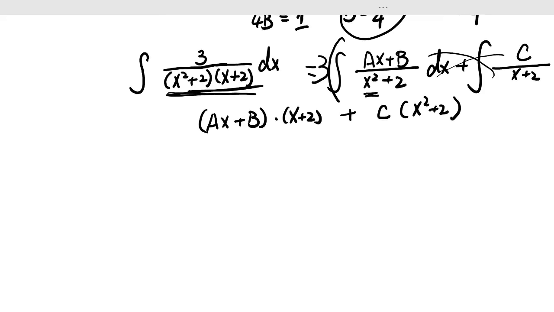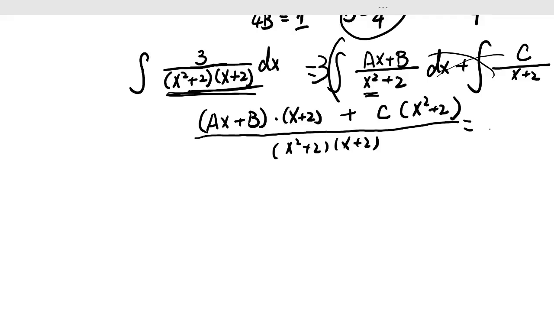So that's everything divided by x squared plus 2 times x plus 2. I don't have to write this, but I just want to show you this whole thing should be equal to 1 over x squared plus 2 times x plus 2. I already put the 3 in front, so I'm gonna forget about the 3. So now I basically have 1.